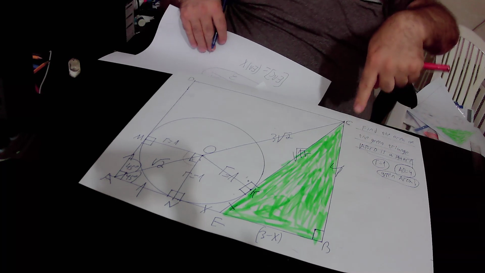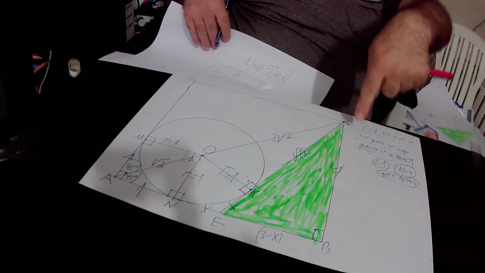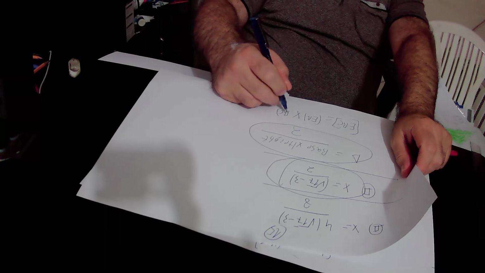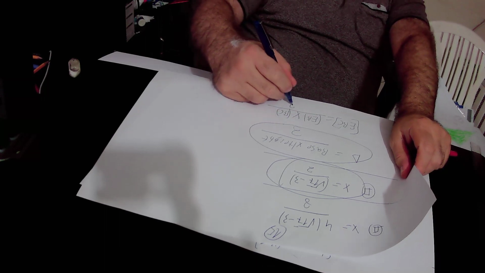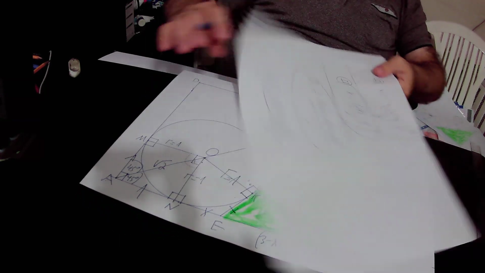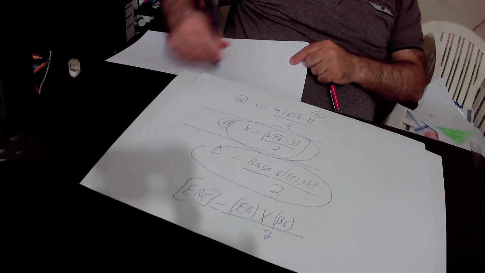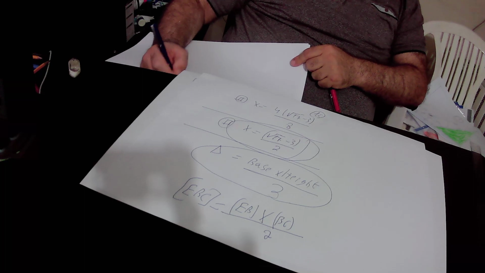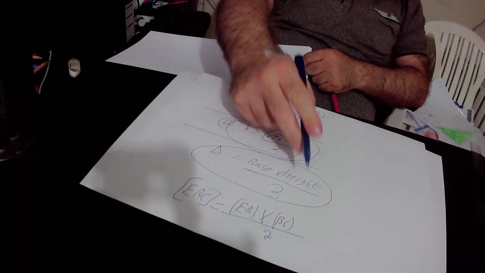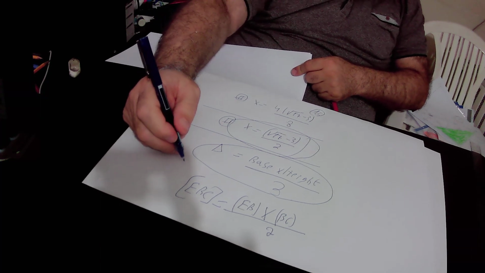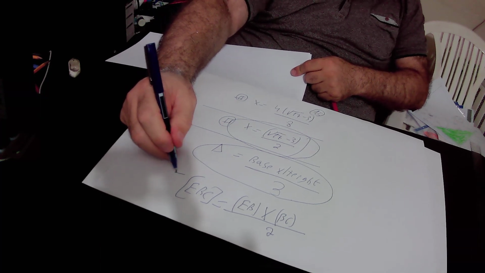The height of triangle EBC is BC, over 2. Okay, we found out that the area of the green right triangle, triangle EBC, equals EB times BC over 2. This is according to equation number 2.